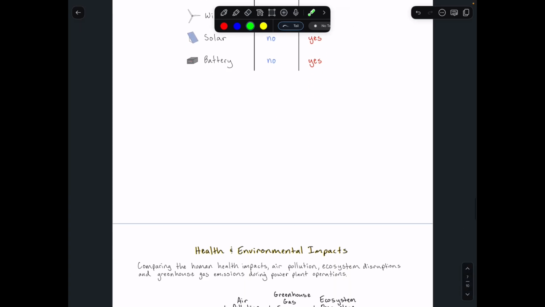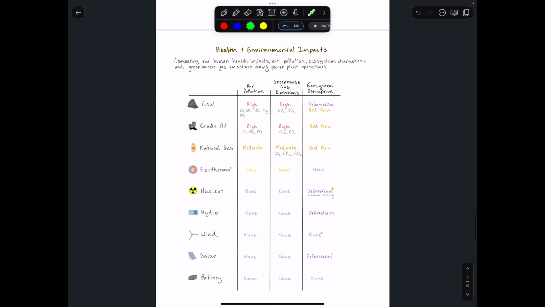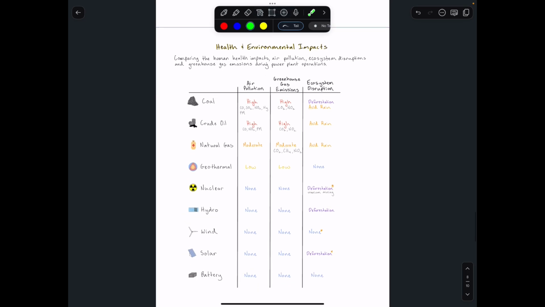And now we'll go on to our last section here, which is health and environmental impacts. Now, before going into the table, I did want to go back over the definitions of these three here. So, air pollution is the contamination of atmospheric air by a toxic gas that can harm humans, plant life, and animal life.